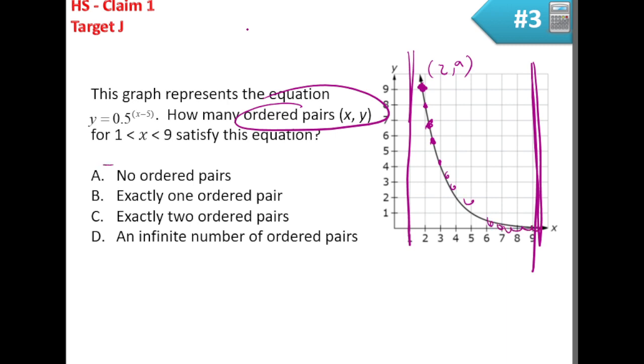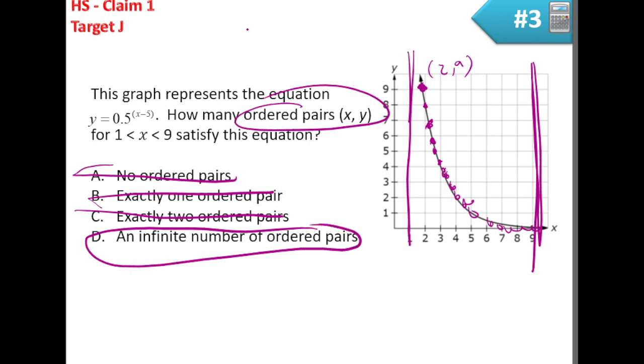So there's plenty of ordered pairs, so it can't be exactly 1. Because it's anything on this line, there's an infinite number. So whatever point you choose from 1 to 9, there appears an ordered pair. So there's an infinite number.